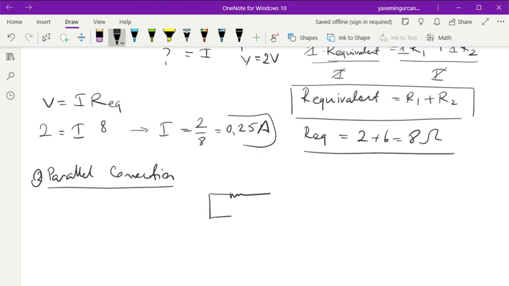You just connect them visually in parallel. This one is a little bit tilted, so let me try to do it a bit better here. So voltage is going to be here. You're connecting your battery like this in this case. So let's say this is R1 and this is R2. This is how a parallel connection looks like.